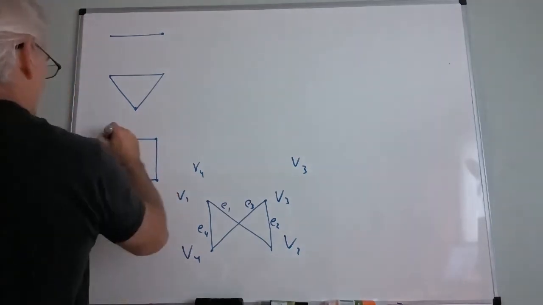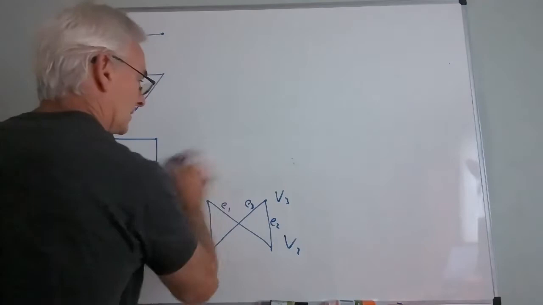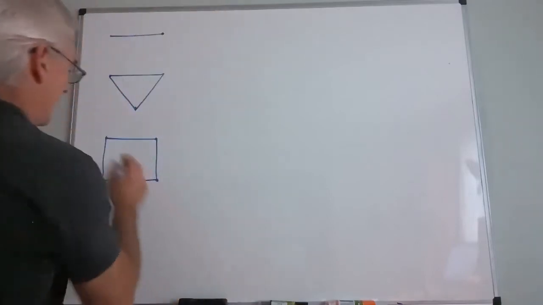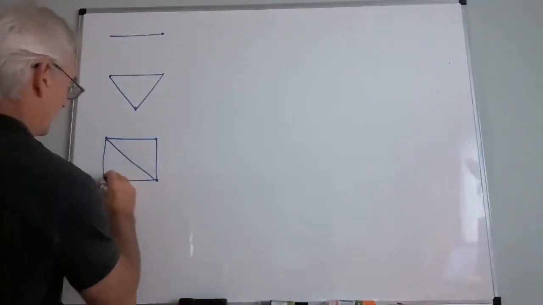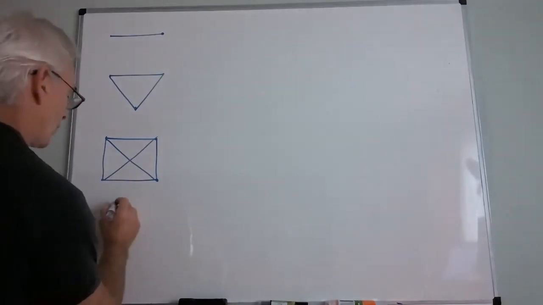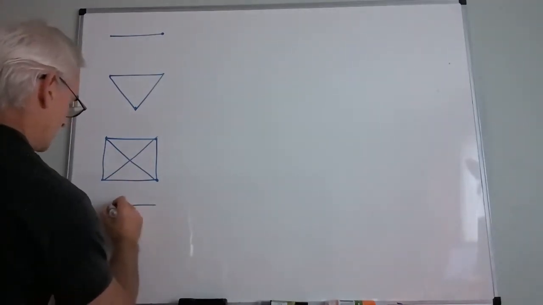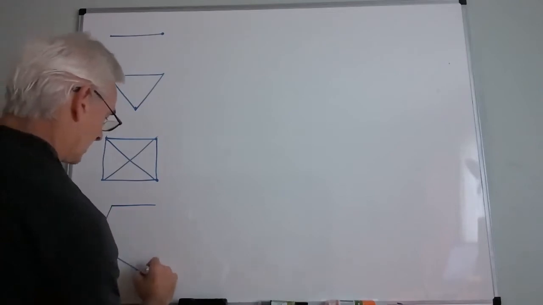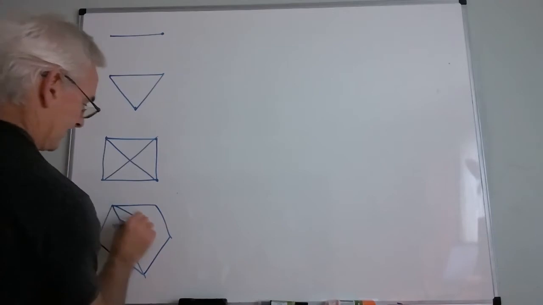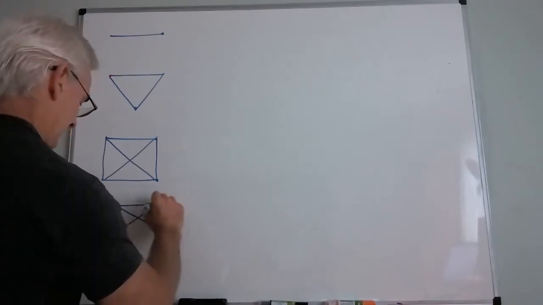I'm just going to do this a few times. But the moment I get to the 4th one, I want every possible edge I can draw, and I'll do one more with 5. So 1, 2, 3, 4, 5. And I would have that, and I would have that, and I would have that.